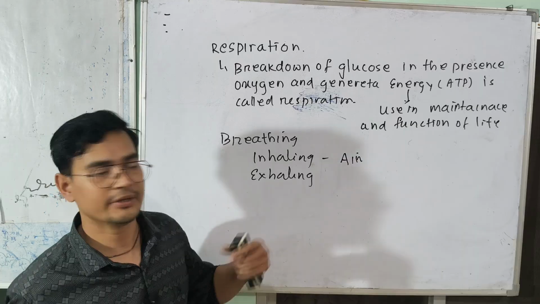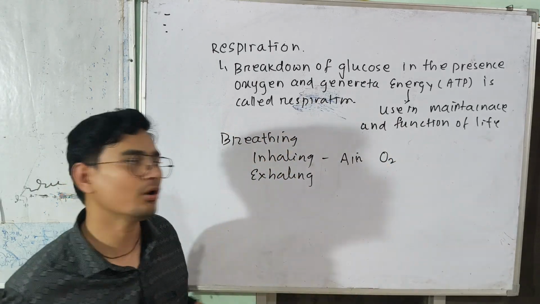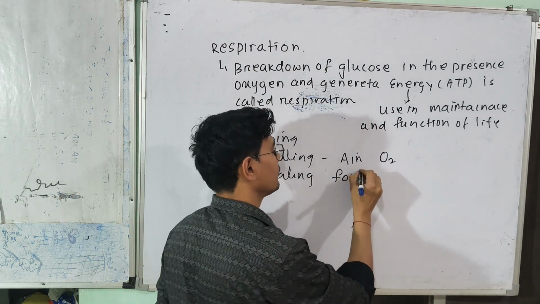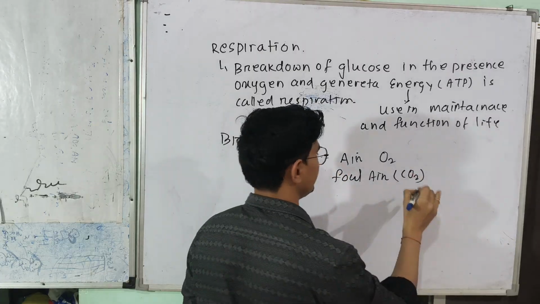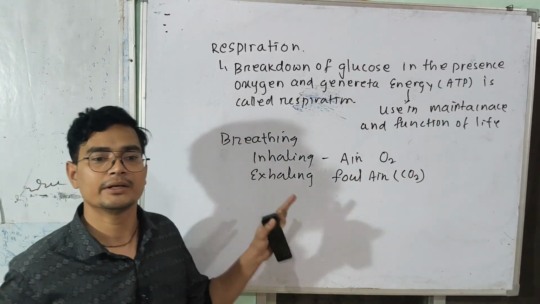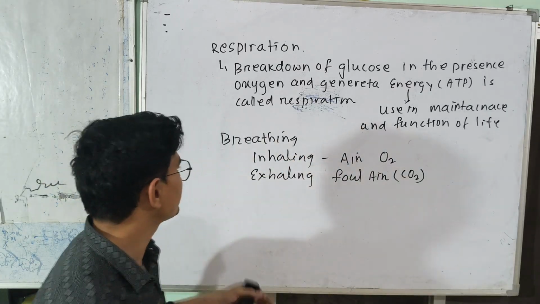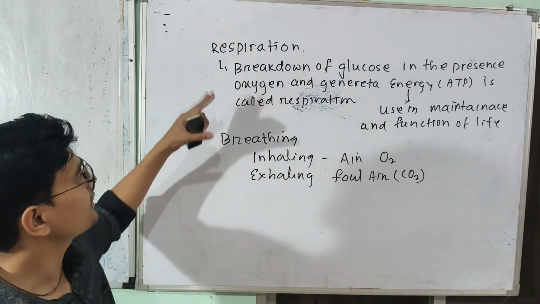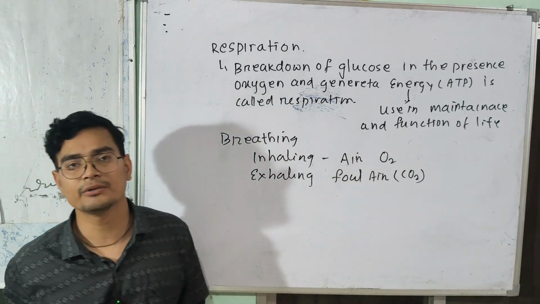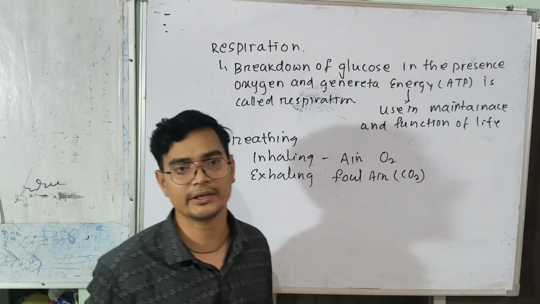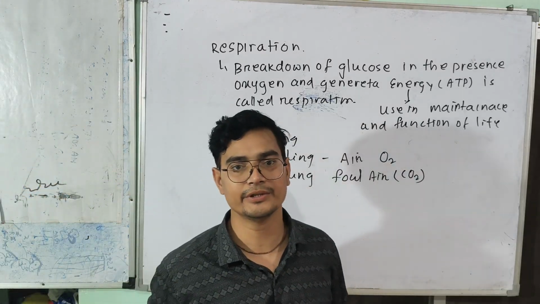Oxygen dissolves in our blood, and we exhale air containing carbon dioxide. This inhaling and exhaling is called breathing. This is the difference between respiration and breathing. Respiration is an intracellular and biochemical activity, and breathing is an extracellular activity.